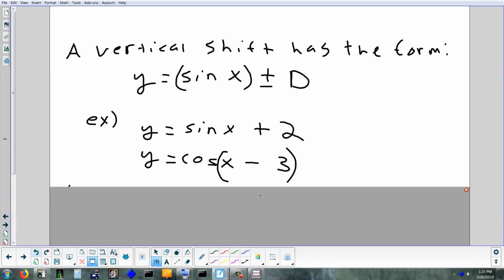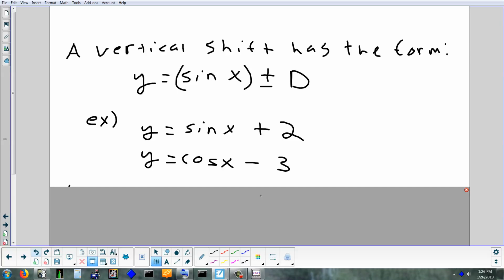What would that second one be? Now that's a phase shift. So both shifts use addition and subtraction. The question is where? Is it inside parentheses with the letter, or is it outside parentheses and the letter and the number are not grouped? Questions on the difference?